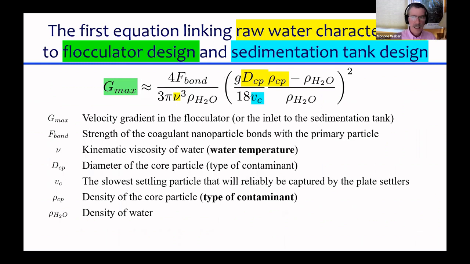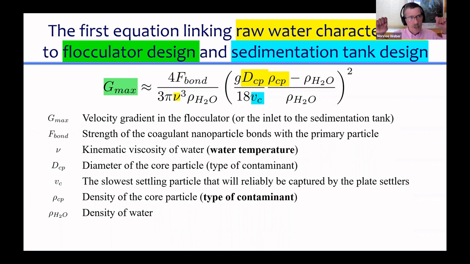In this equation is G, the velocity gradient in the flocculator. There's nu, which is the kinematic viscosity of water, which is a function of water temperature. Do you see the exponent on that nu? I have never seen nu cubed before.